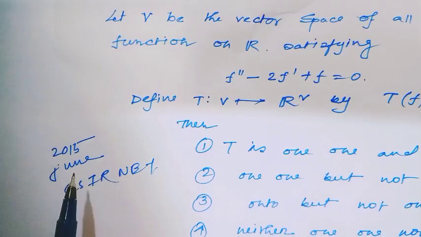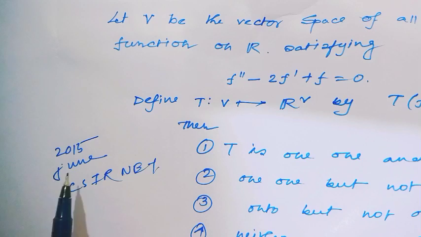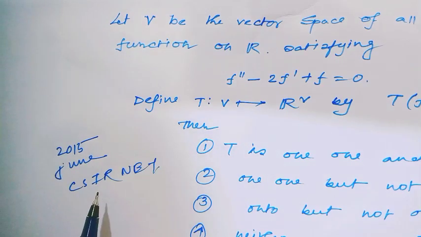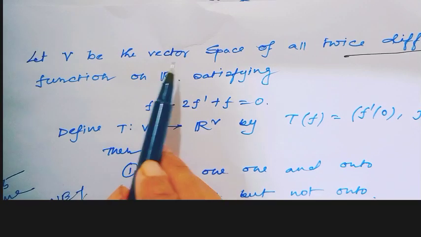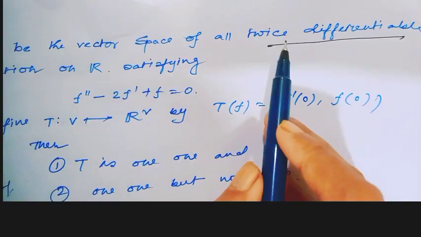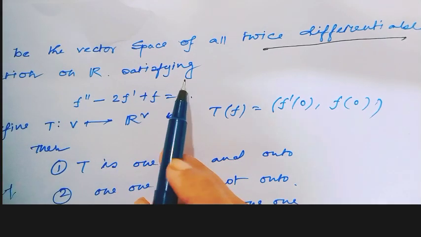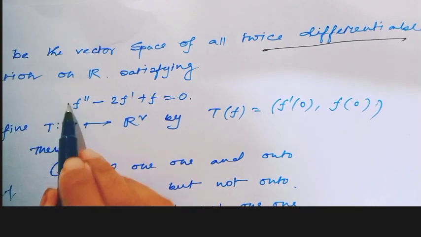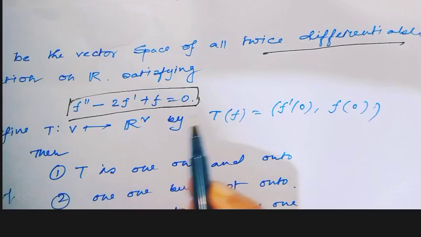Let me discuss one more question of CSIR NET which came in June 2015. The question is: let V be the vector space of all twice differentiable functions on R satisfying f double prime minus 2f prime plus f equals 0.